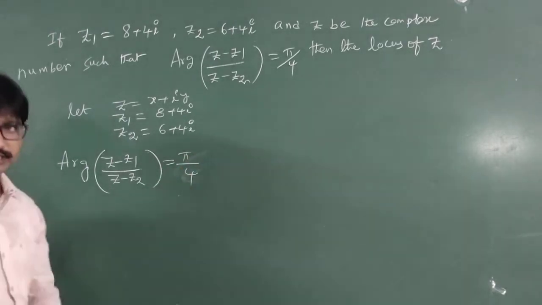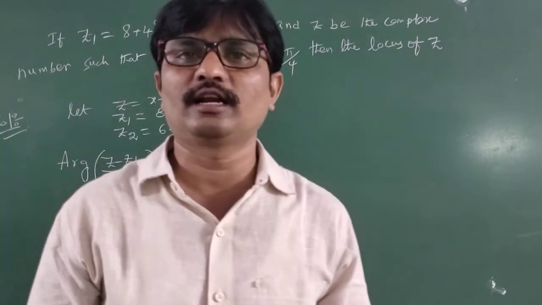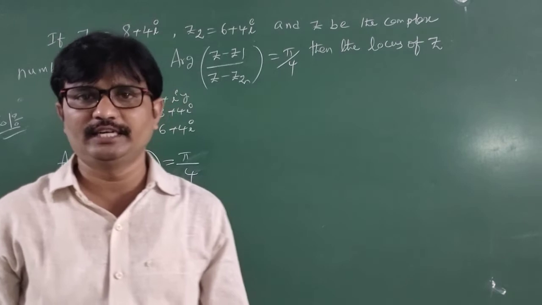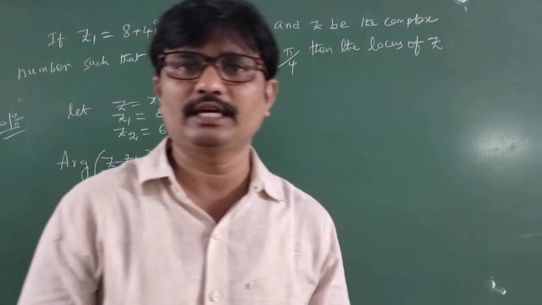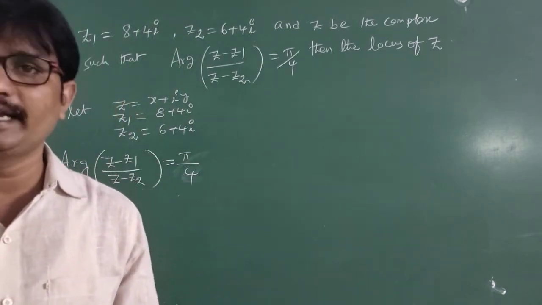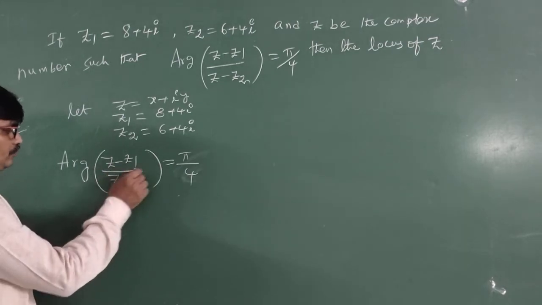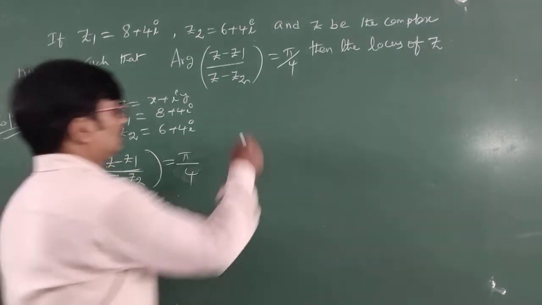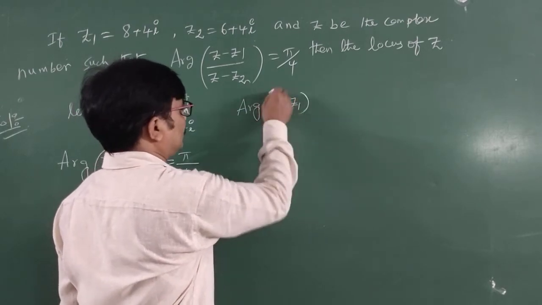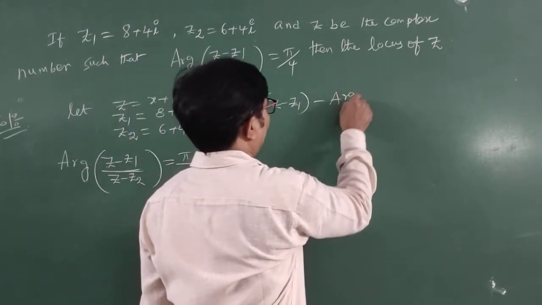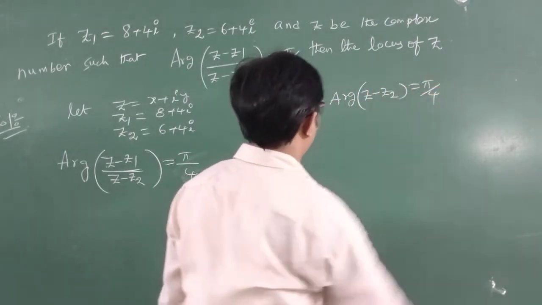So dear students, we have to know that the argument of z1 into z2 is the argument of z1 plus the argument of z2, and the argument of z1 by z2 is the argument of z1 minus the argument of z2. So simply we can write the argument of (z minus z1) minus the argument of (z minus z2) is pi by 4.